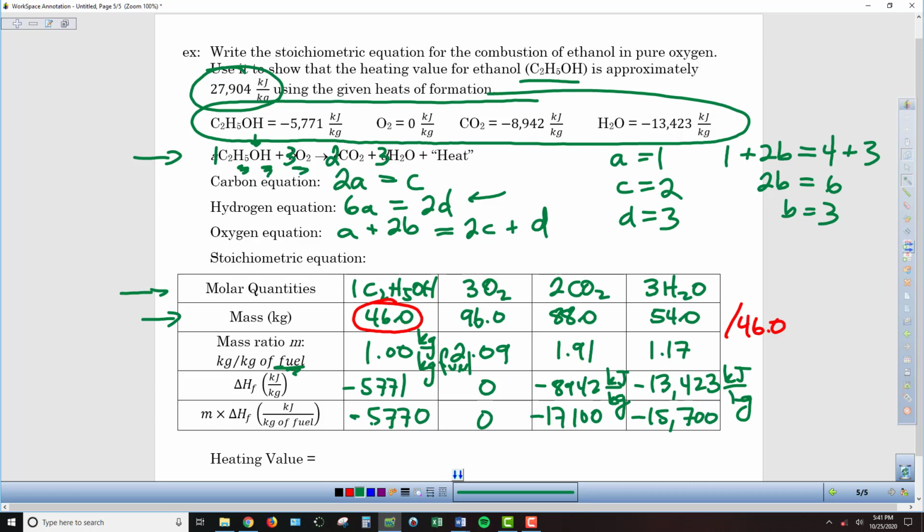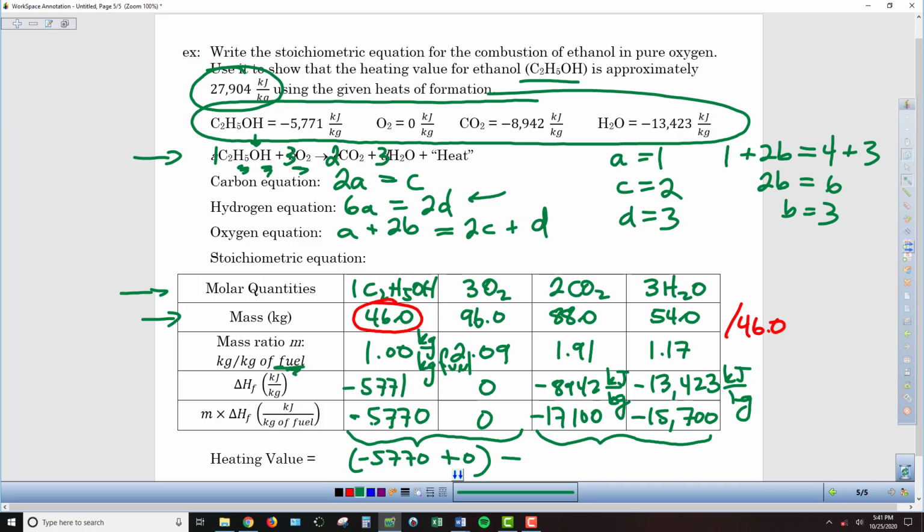And so now we're going to take the sum of the reactant side minus the sum of the product side. So we're going to have negative 5770 plus 0. So that's what it takes to break apart these compounds.